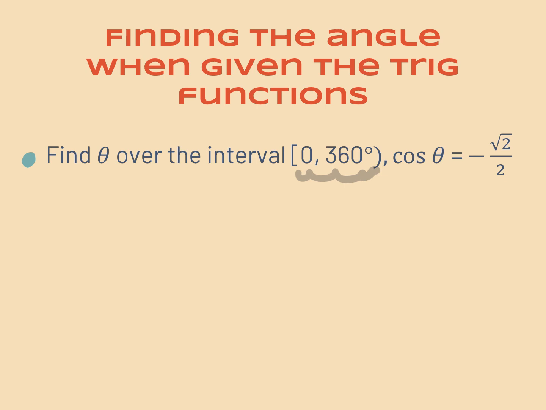Now, a clue here, as soon as I see square root of 2, that's a clue that it's going to be the 45, 45, 90 triangle. So what we're going to do here is draw our triangle. And we can put in our 45s, 1, 1, root 2. And then what I need to do is figure out cosine.